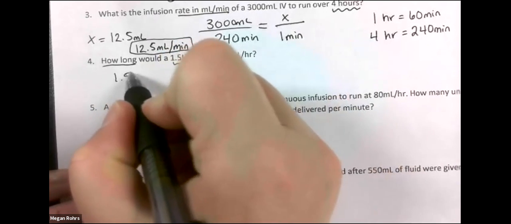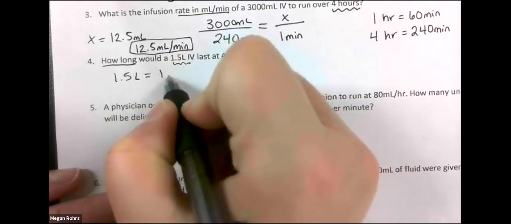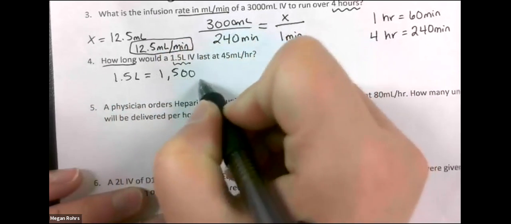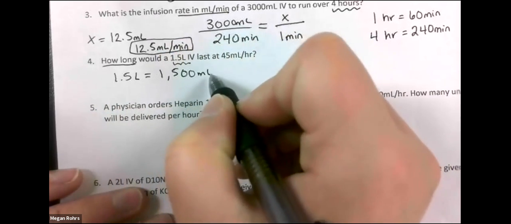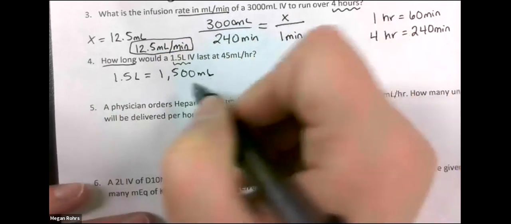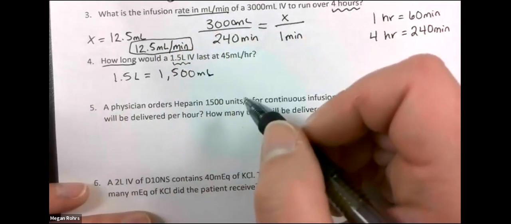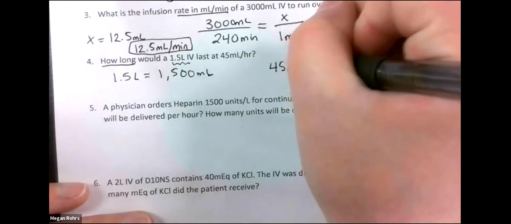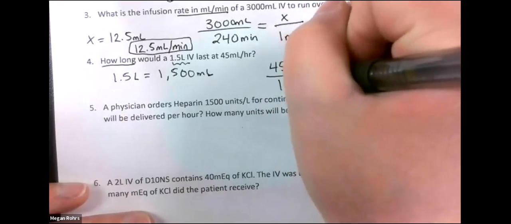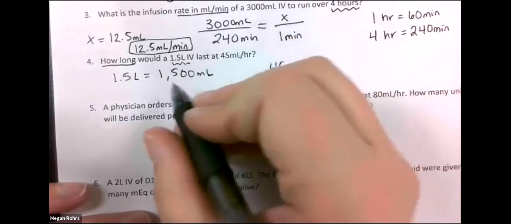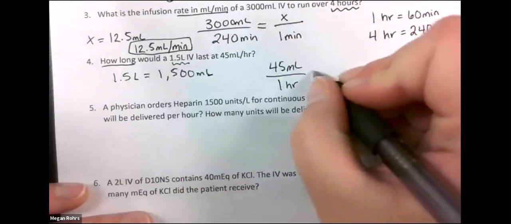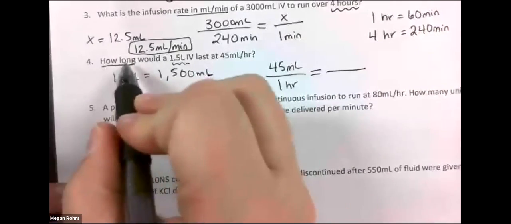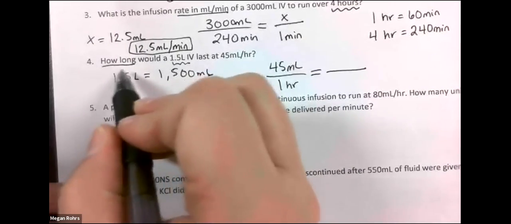So 1.5 liters is equal to 1,500 milliliters. Now we can start with what we know. I know my rate. There are 45 milliliters running per every 1 hour. So I can set that equal to what we're solving for. It's asking for how long or how many hours.